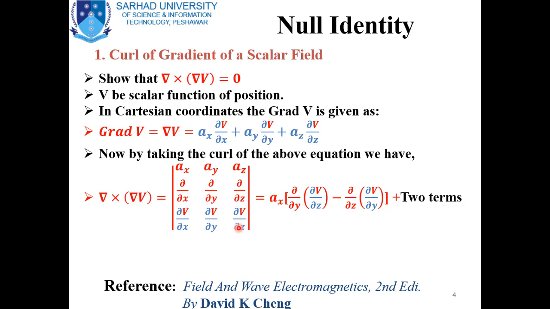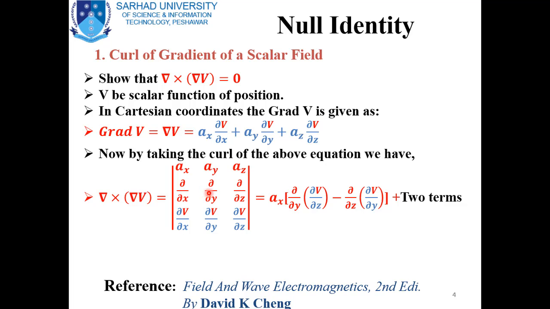So when we expand this matrix along the first row, the coefficient of ax will be del over del y into del v by del z minus del over del z into del v by del y, where we write those elements which don't lie in the first row and first column.